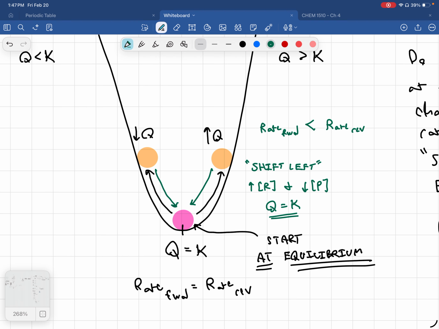Same thing on the other side. If we do something to roll the ball up the left side, making Q less than K, then in terms of rates, we have done something that causes the forward rate to now be greater than the reverse rate.